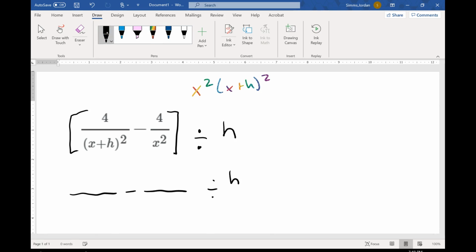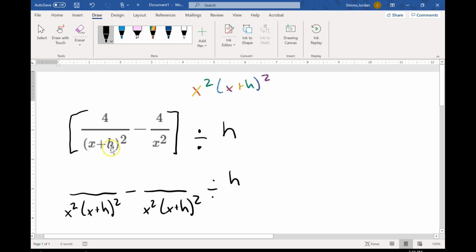We still have divide by h. We'll work that later. This is going to be x plus h squared. Actually, let me write it the proper way: x squared times x plus h squared, same as right here. Okay, and now, because I multiplied these denominators, I can just cross these down and create my equivalent numerators.